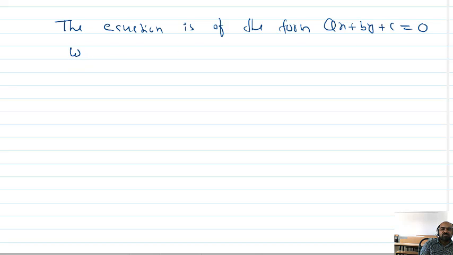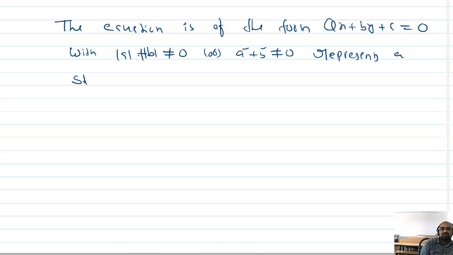So the general form is of the form ax plus by plus c equal to 0, with mod a plus mod b not equal to 0, or a square plus b square not equal to 0, and it represents a straight line on the coordinate plane.